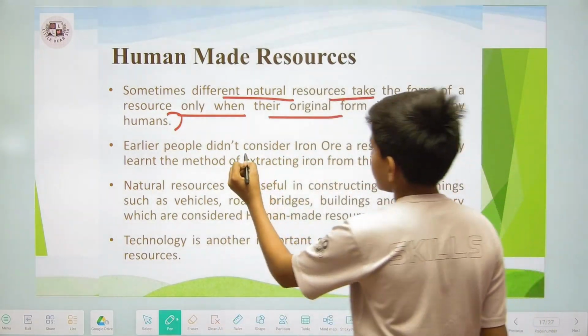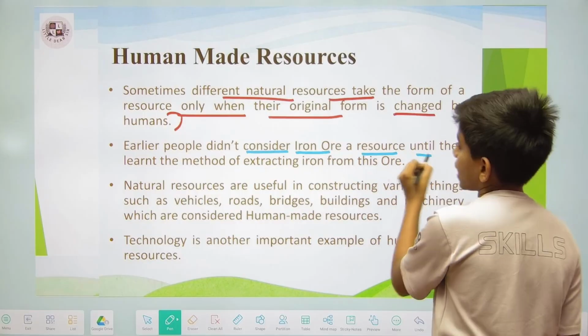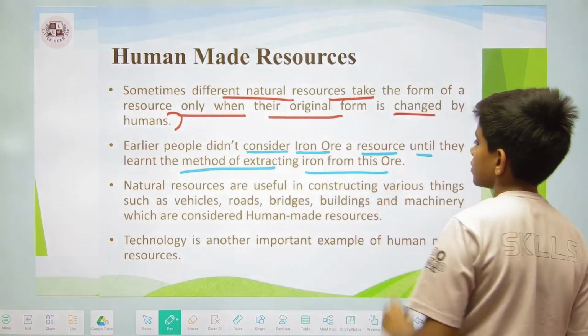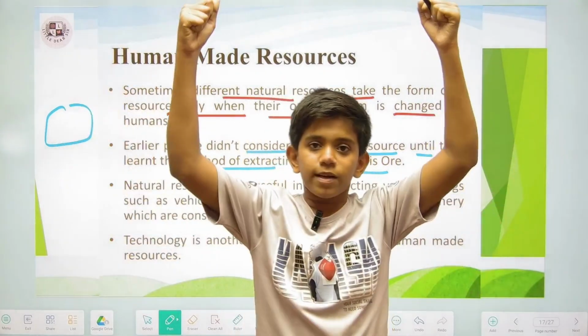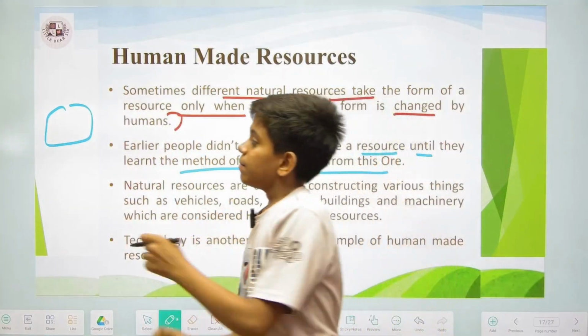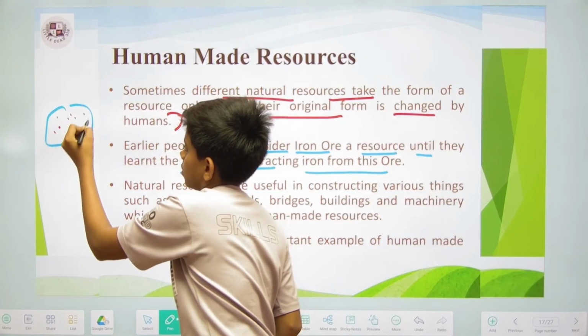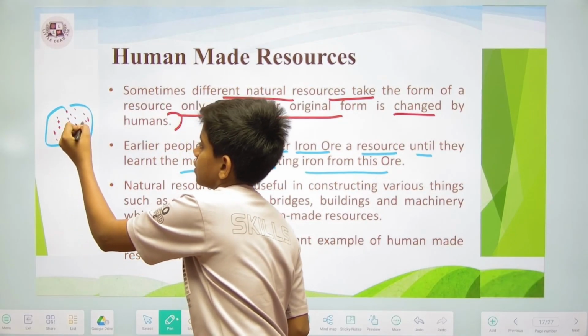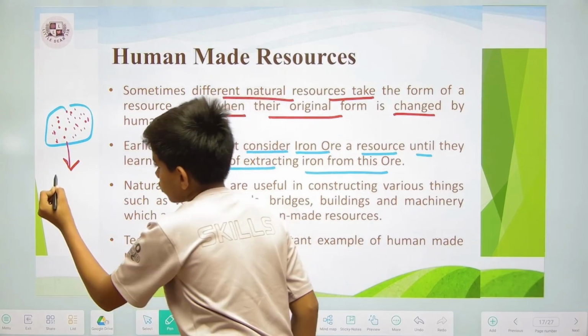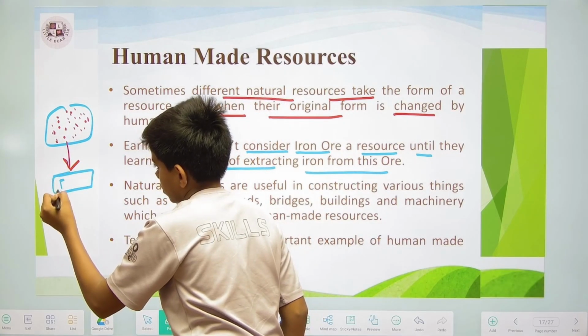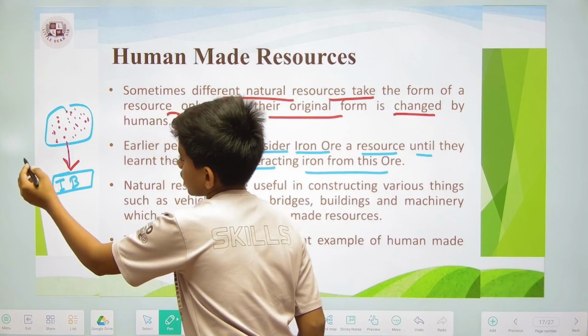Earlier, people didn't consider iron ore a resource until they learned the method of extracting iron from it. While mining, you don't get a piece of iron. You get iron ore, meaning the iron is in between the rock. So you need to extract it and then you get the iron bar. This is known as the extracting process.